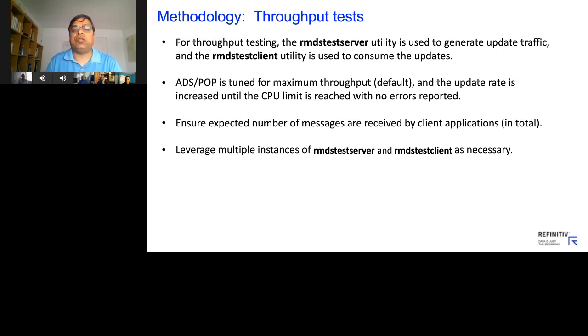And as the case may be, we will have to leverage multiple instances of the test server and the test client because we don't want the tools to be the limitation. For example, a test server can do on Gen 8, let's say, 3.5 million updates per second. So if you want to stress an ADS-POP on a newer platform, we want to run at least 2 instances. And for the test client, we'll have to run many instances to consume all of the data.